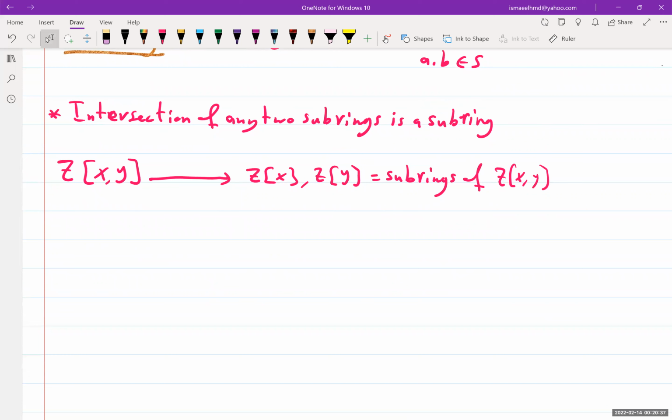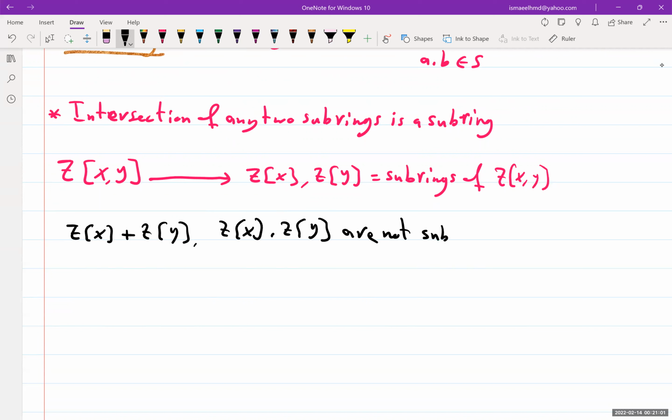The sum of these two subrings and their product is not a subring. That means Z[x] plus Z[y], or Z[x] multiplied by Z[y], are not subrings of Z[x, y]. You can check it.